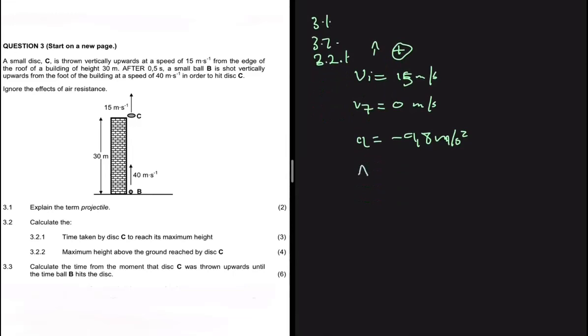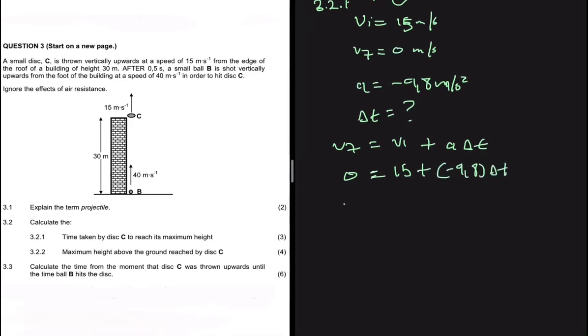And then what you're looking for is delta t, right? So you can see from these formulas that we're going to use VF equals VI plus A delta t, right? You don't just pick a formula, you are guided by the information you have. So VF is equal to 0. What is VI? VI is 15 meters per second plus our acceleration, which is minus 9.8 multiplied by delta t, right?